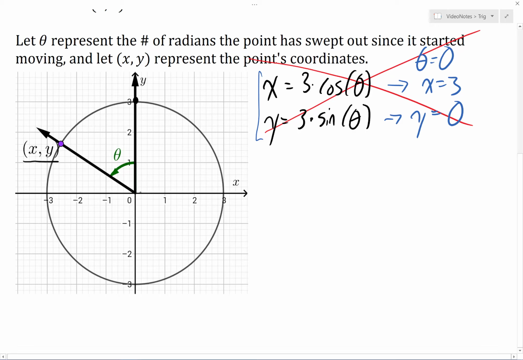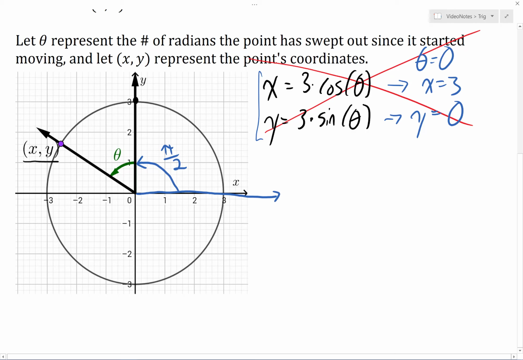So what we need to do is imagine starting at the 3 o'clock position and decide how many radians this point has swept out from the 3 o'clock position. To get from the 3 o'clock position over to this 12 o'clock position, we have to sweep out pi over 2 radians. And then we sweep out an additional theta radians to get to where the point actually is.